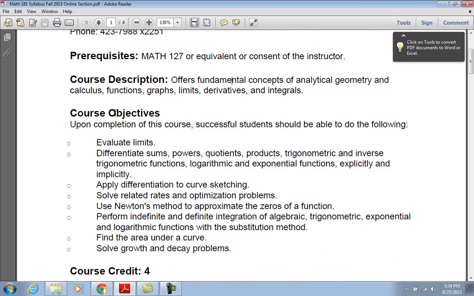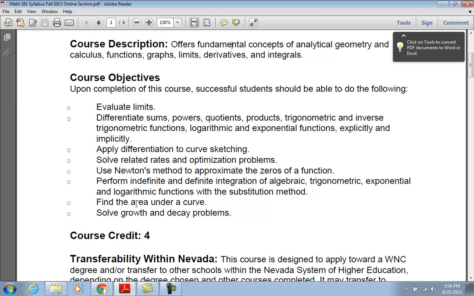Course objectives. Upon completion of this course, successful students should be able to do the following: evaluate limits, differentiate sums, powers, quotients, products, trigonometric and inverse trigonometric functions, logarithmic and exponential functions explicitly and implicitly, apply differentiation to curve sketching, solve related rates and optimization problems, use Newton's method to approximate the zeros of a function, perform indefinite and definite integration of algebraic, trigonometric, exponential, and logarithmic functions with substitution method, and find the area under the curve.